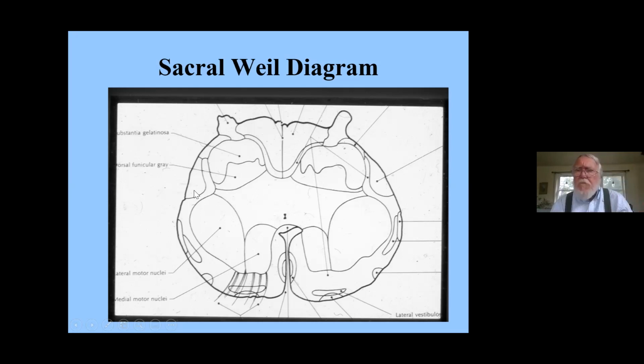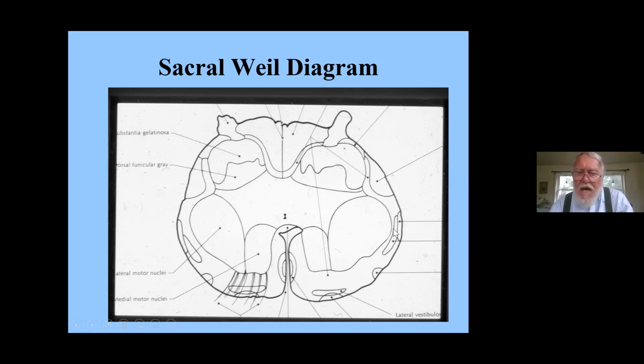But if you looked a couple of slides ago, you saw in that schematic that there should be posterior and anterior spinocerebellar tracts. But they're not at the sacral level. They only start at the thoracic level. So the most lateral projection here is the lateral corticospinal tract on either side.